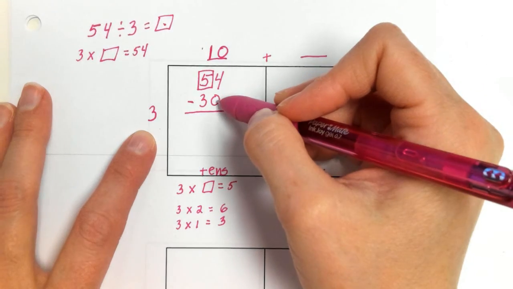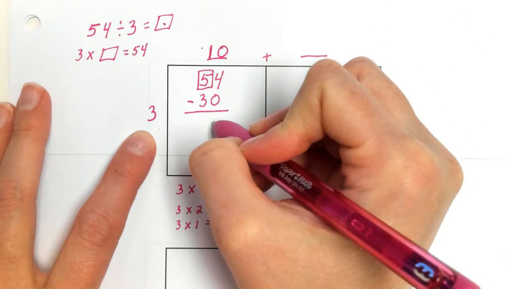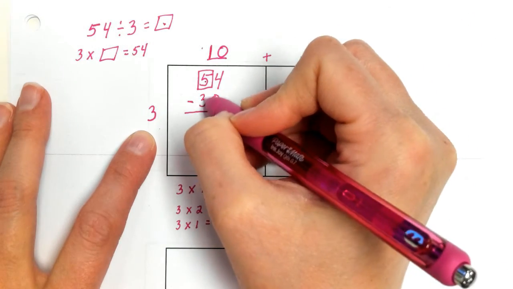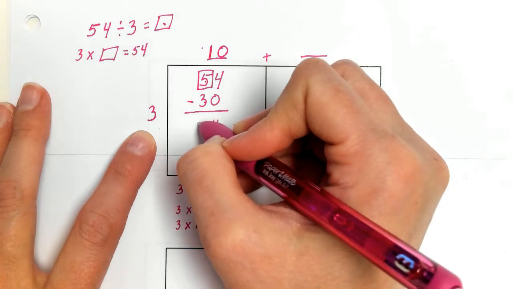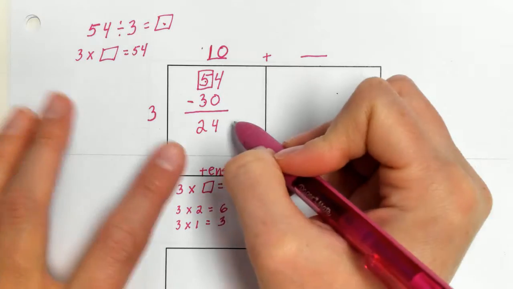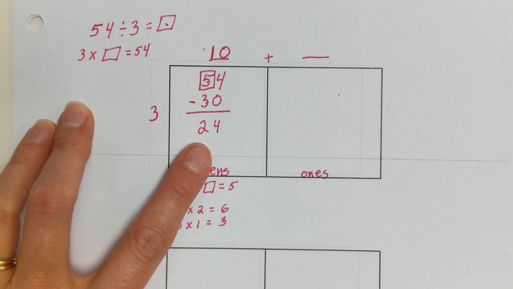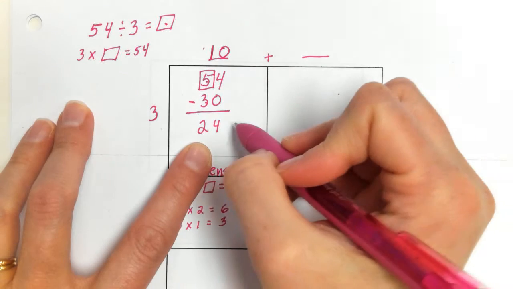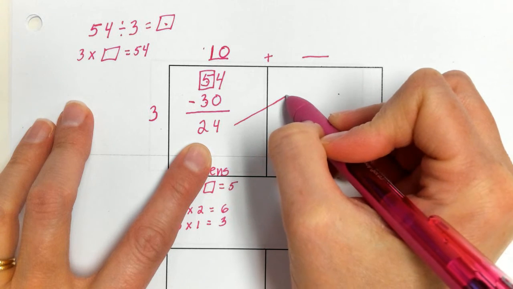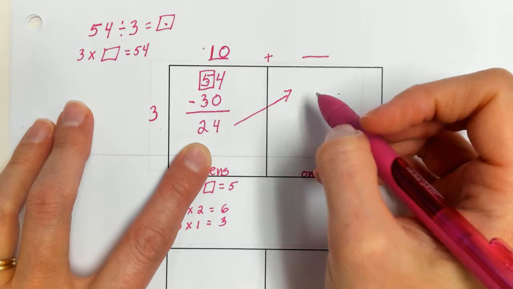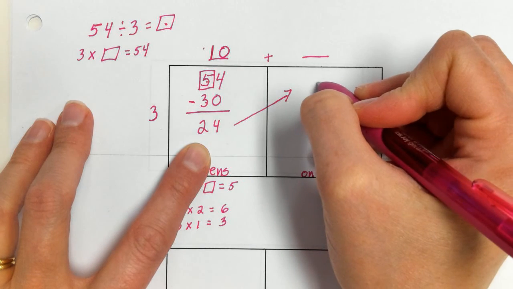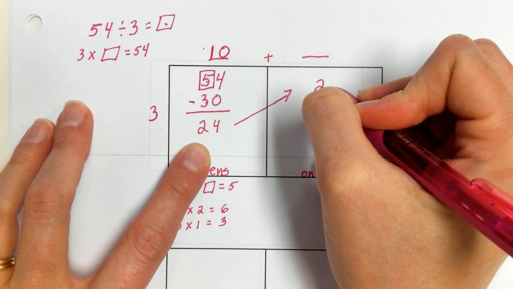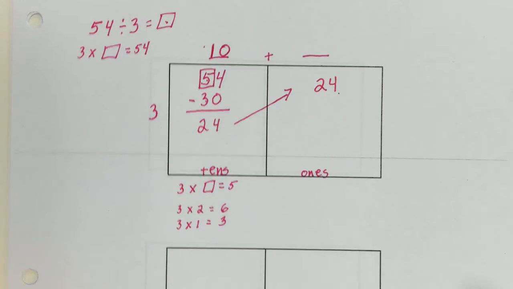All right, 4 minus 0 is 4. 5 minus 3 is 2. So I have 24 left over. So now I'm going to take this 24 and I'm going to move it to the next box. And I'm going to write it right here.